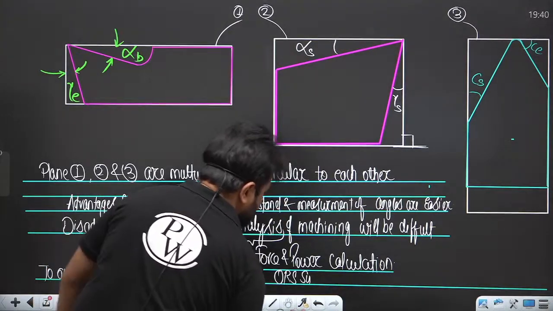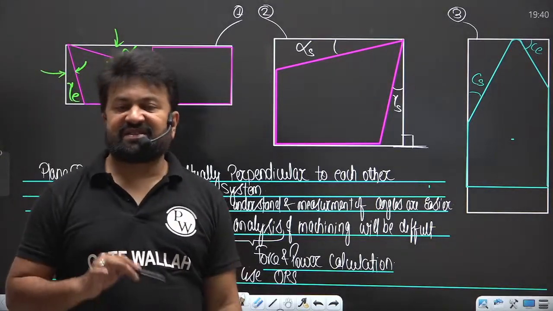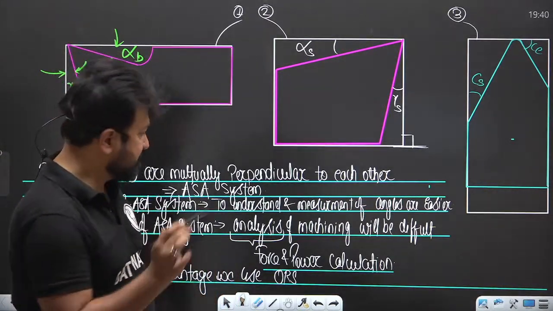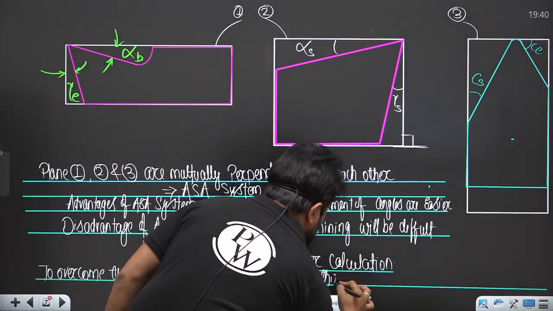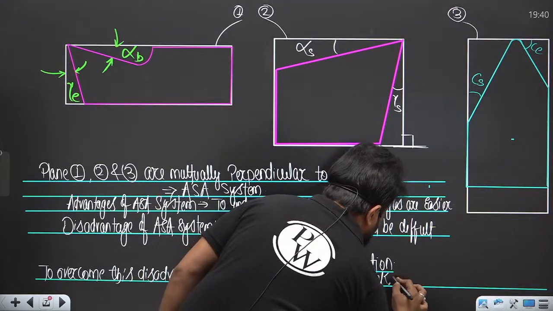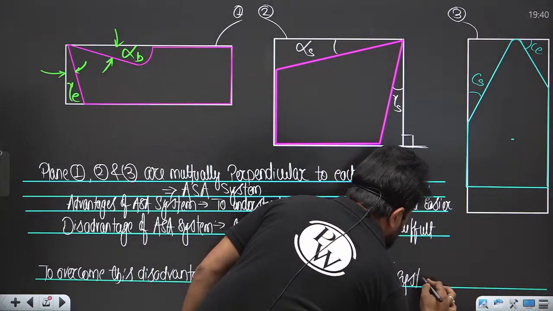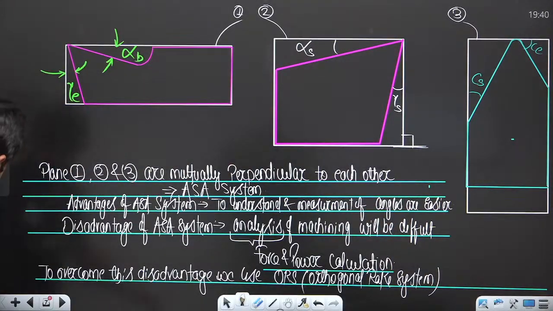ORS stands for orthogonal rake system. ORS stands for orthogonal rake. So this is the major thing.